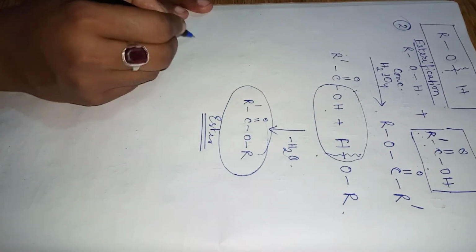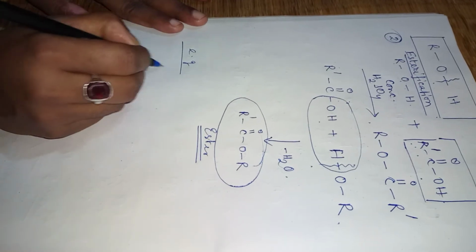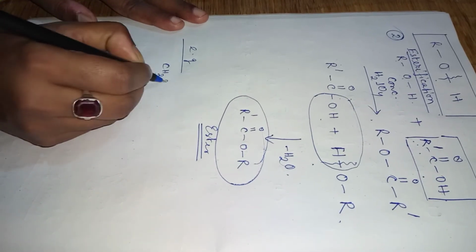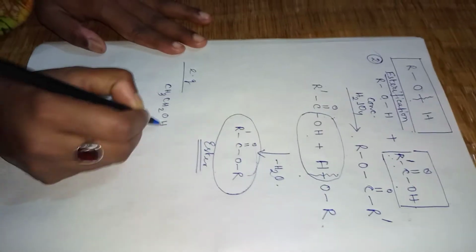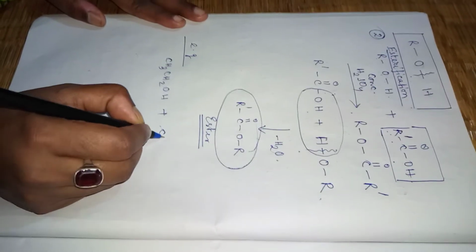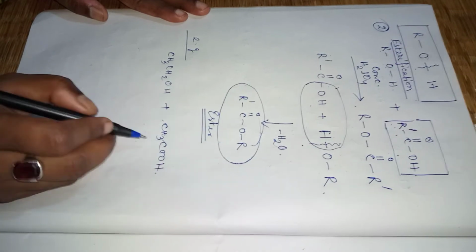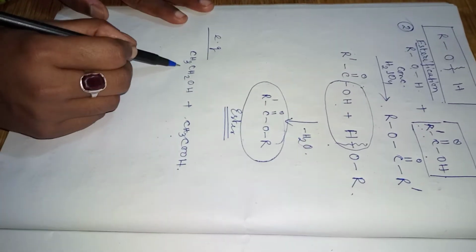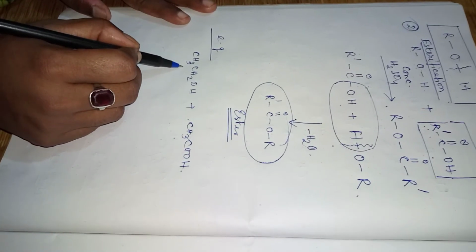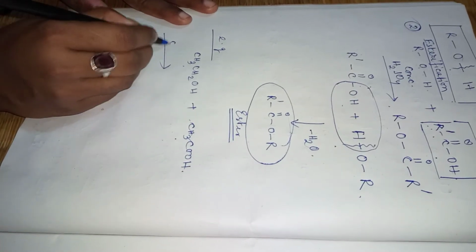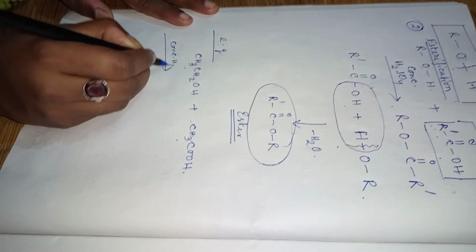For example, CH3CH2OH reacts with CH3COOH, acetic acid, this is ethanoic acid reacting with ethanol in the presence of concentrated sulfuric acid.